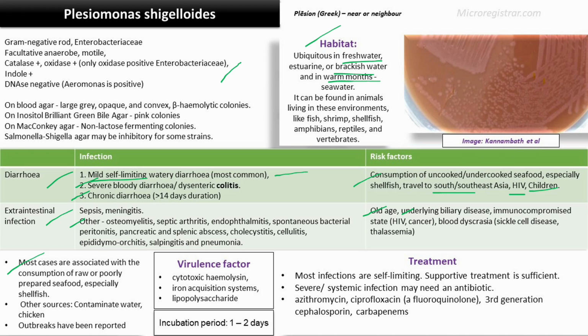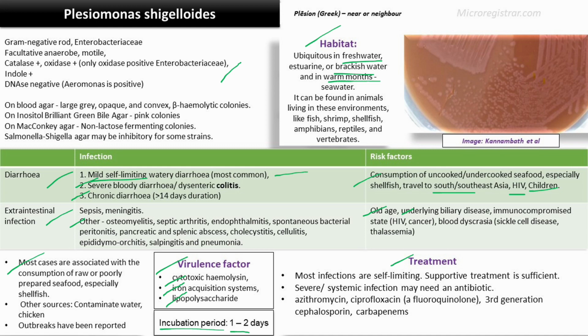The virulence factors of this organism are not much detailed or explained, but we have cytotoxic hemolysin, iron acquisition system, and lipopolysaccharide. Let's go first to the incubation. After being infected with Plesiomonas, you usually show symptoms at around 1 to 2 days.